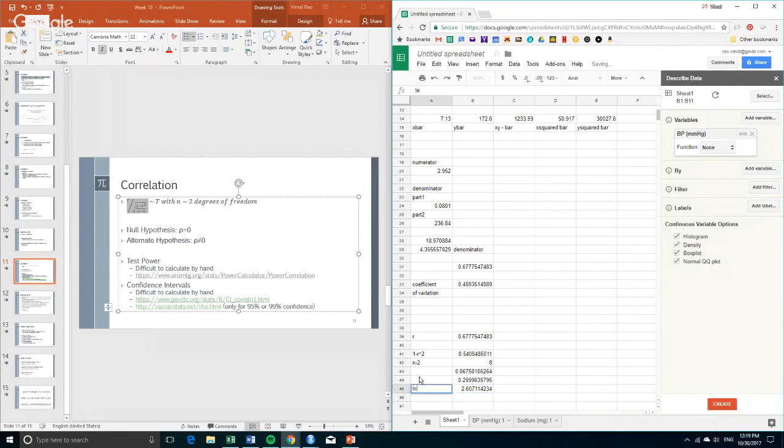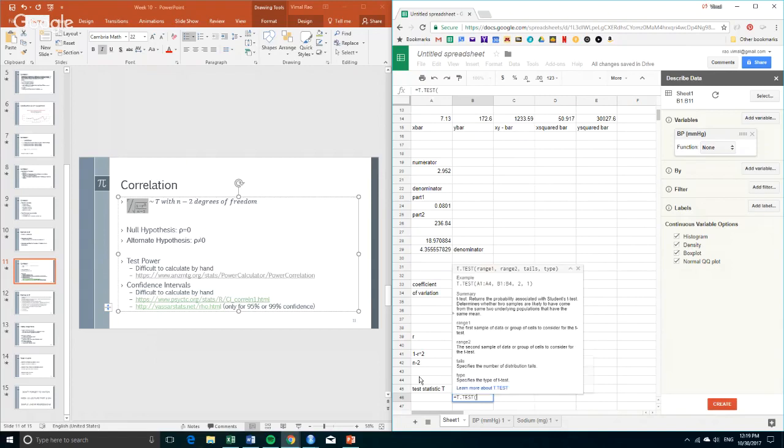So this is my test statistic. T is 2.607. And I can find the probability that I get a t-value more extreme. So I will use the t dot test.